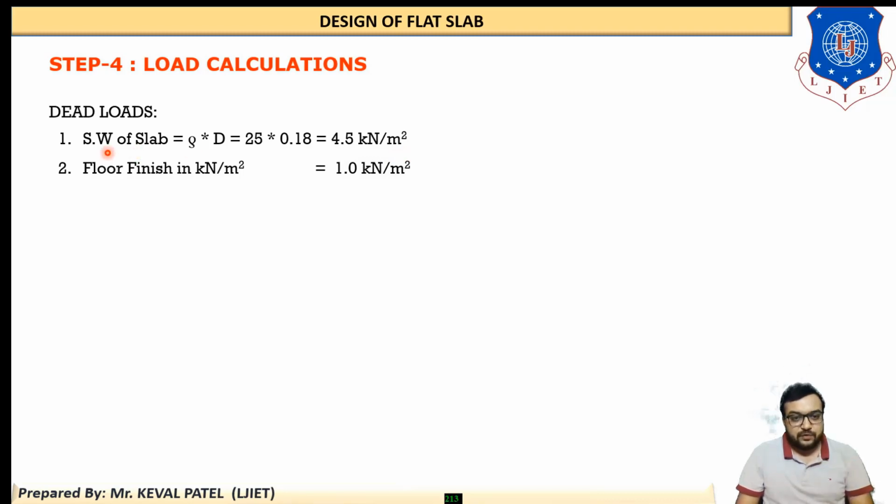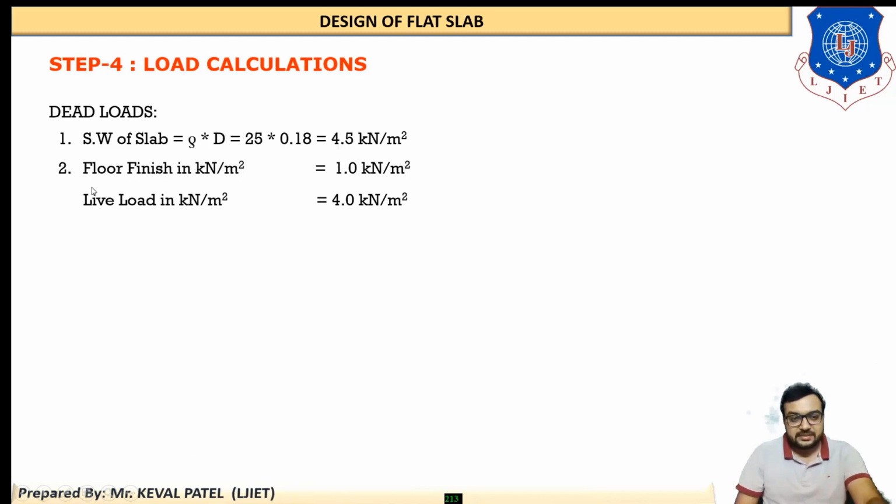After finding out self-weight of slab, the next step is to find out floor finish. But our floor finish in kilonewton per meter square is already given in our question. So this is our total dead load. The next load is live load.